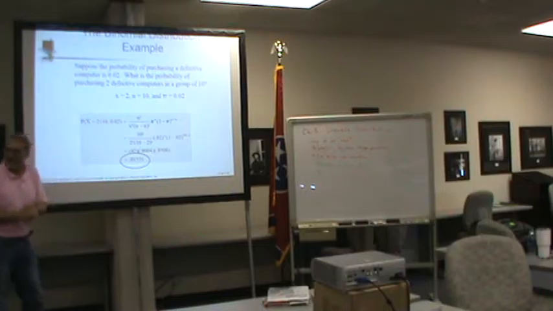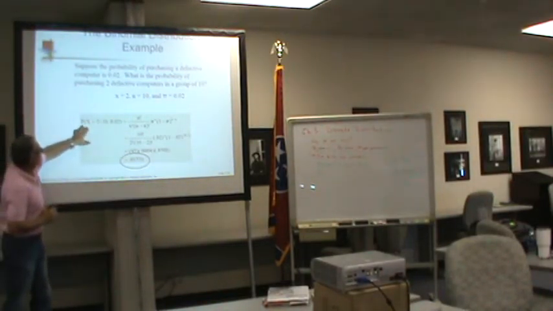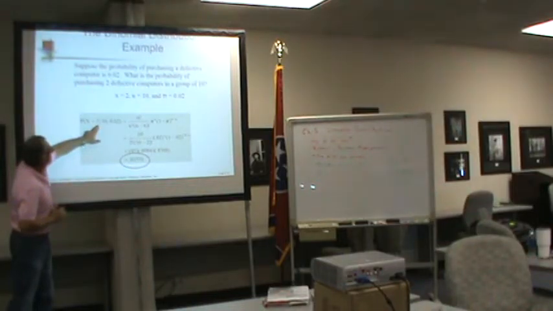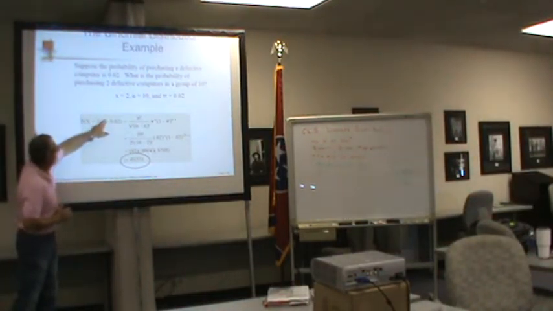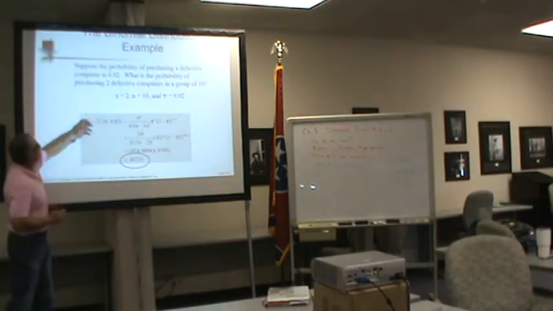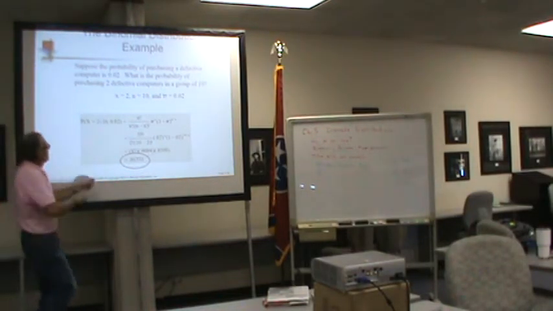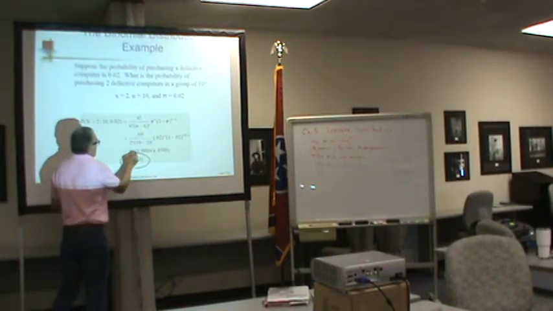I don't think buying a defective one is a success, but that's what we're trying to ask, right? So I want to buy 2 defective ones. I'm asking myself, what's the chance I get 2 defective ones? I bought 10 when there's a 2% chance in the whole world of the computers that I'm buying of getting defective ones. So 2 is going to go in here.